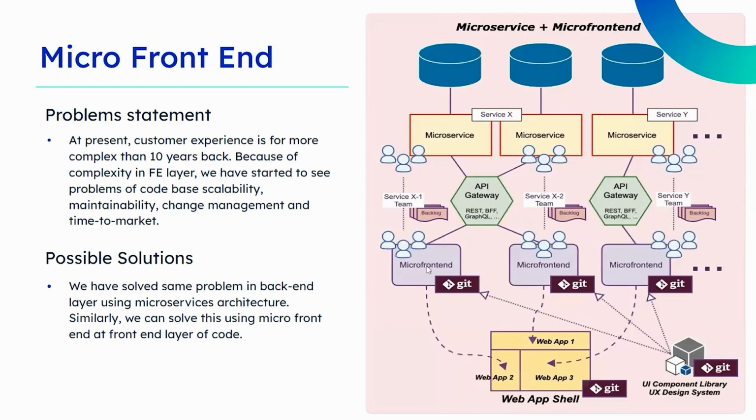Each micro front end and each microservice is taken care of by a different team. And then there are functional backlogs served within the team so that they can work independently on those backlogs. So this is the way the development starts working independently.